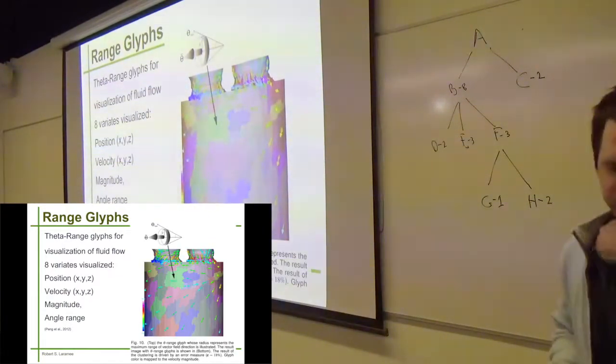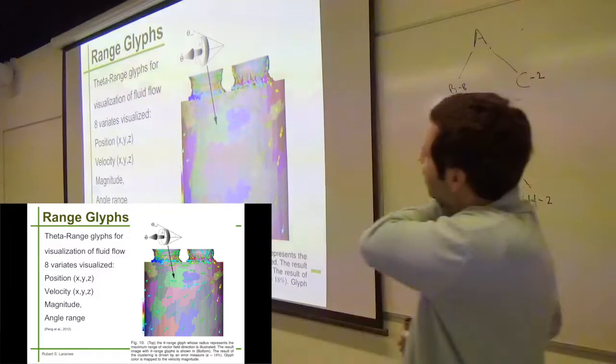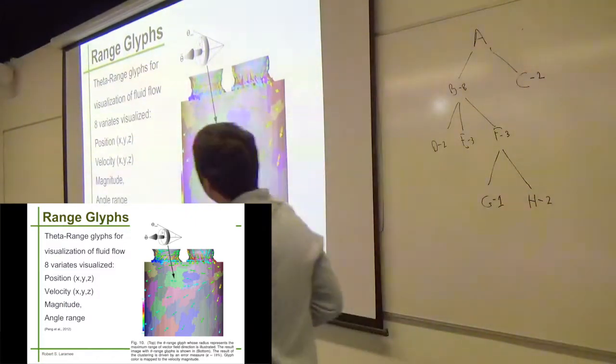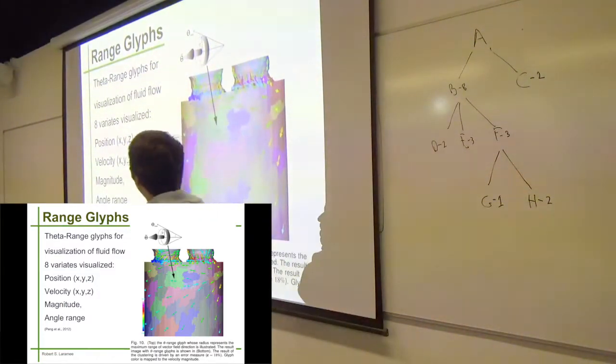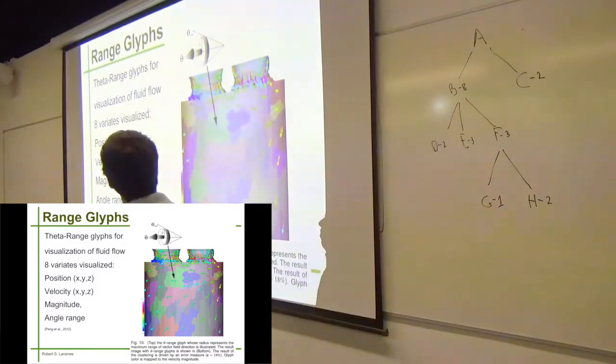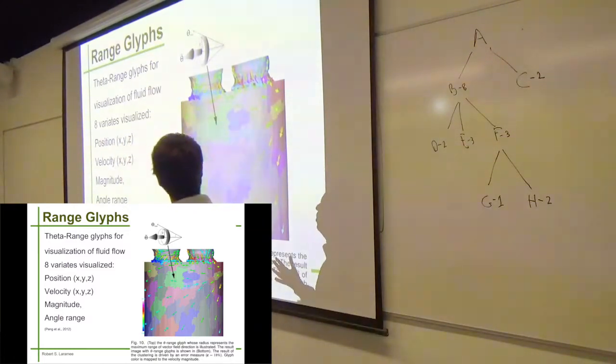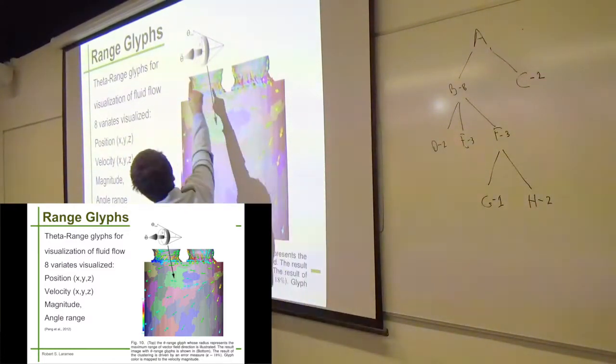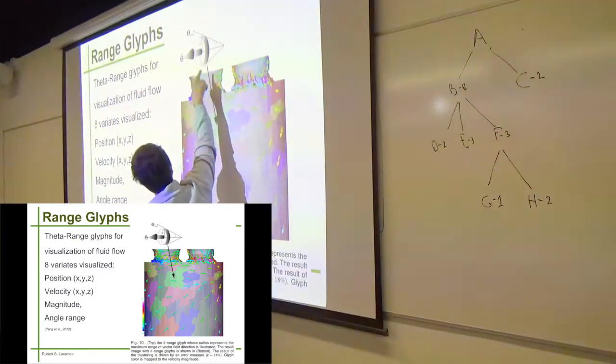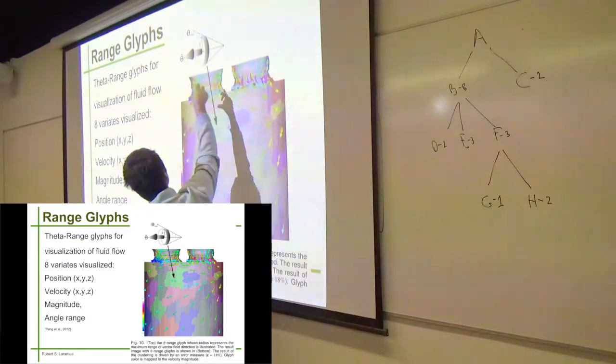We can modify those a little bit and try to add some more information, right? Like an extra one, an 8th variable. Well, we have x, y, and z position, velocity, magnitude, and then angle range. The angle range is represented by this extra piece around the glyph, this ring.